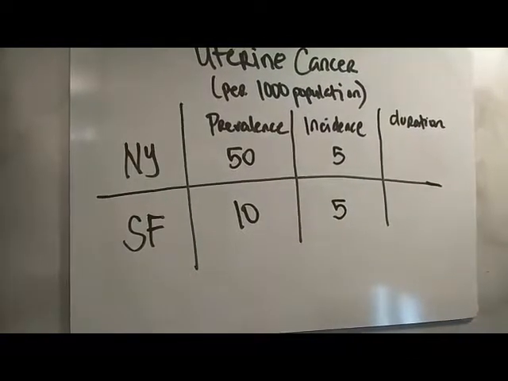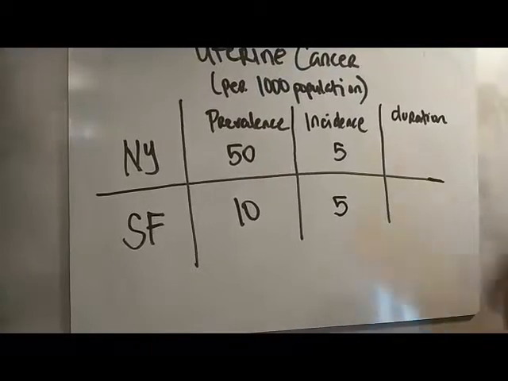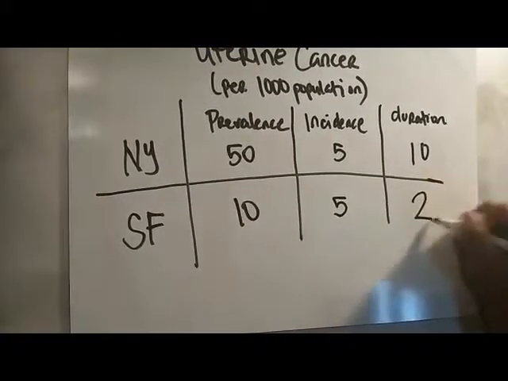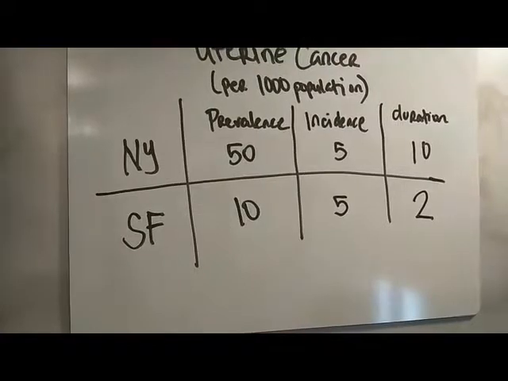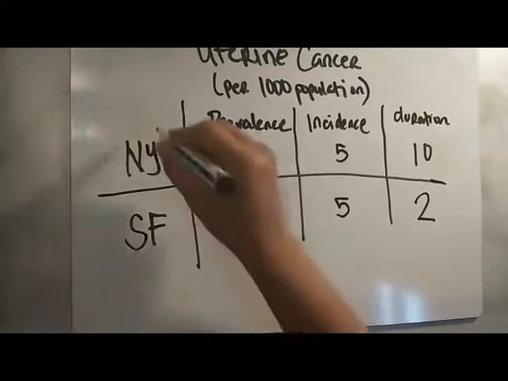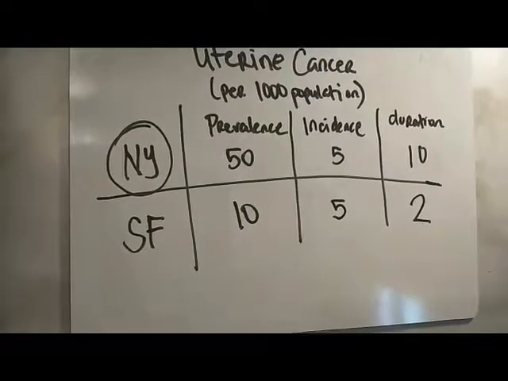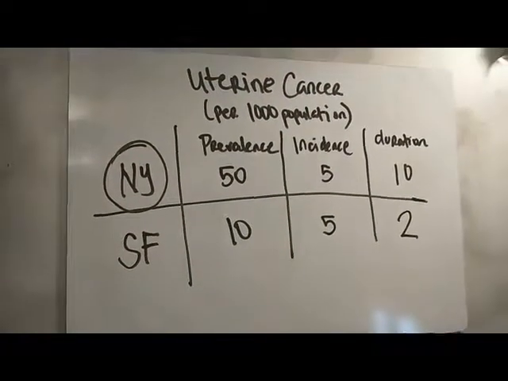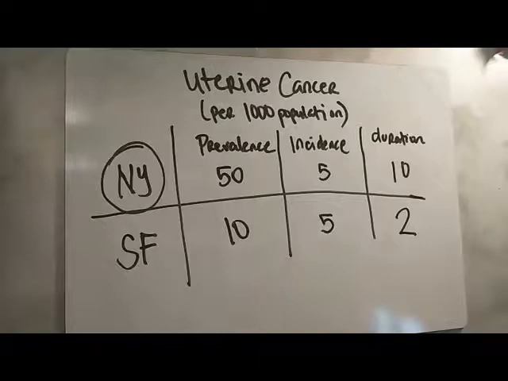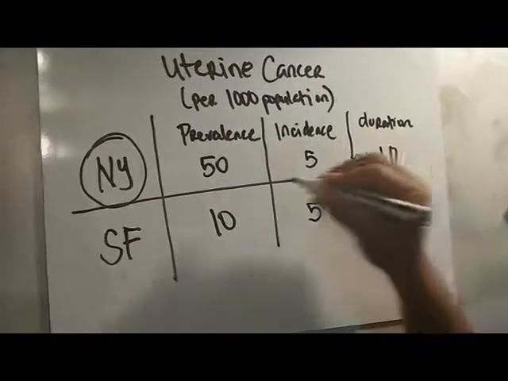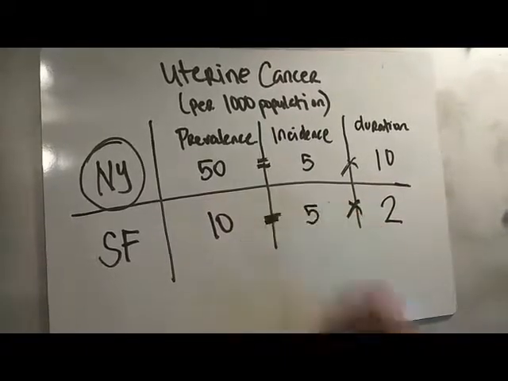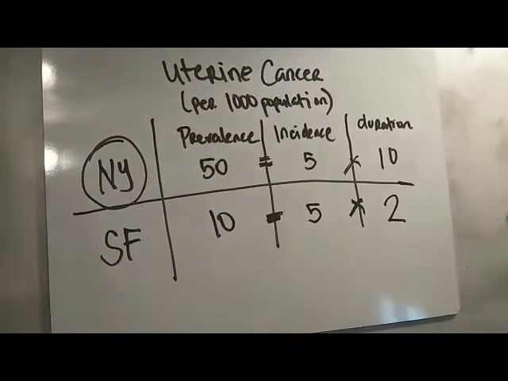If we look at the incidence rate and the duration of the disease in these locations, where incidence rate is 5 per 1,000 per year in both locations, but the duration of disease is 10 years in New York due to better care, whereas in San Francisco people die from uterine cancer after 2 years, the higher prevalence in New York is just an expression of better care of an incurable disease. We said prevalence is equal to incidence times duration, so 5 times 10 is 50, and 5 times 2 is 10. I hope the difference between incidence and prevalence is a bit clear.